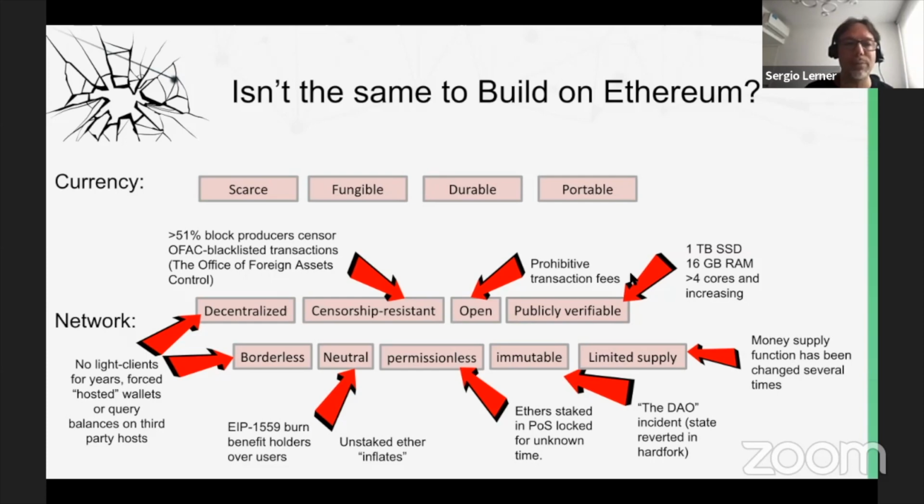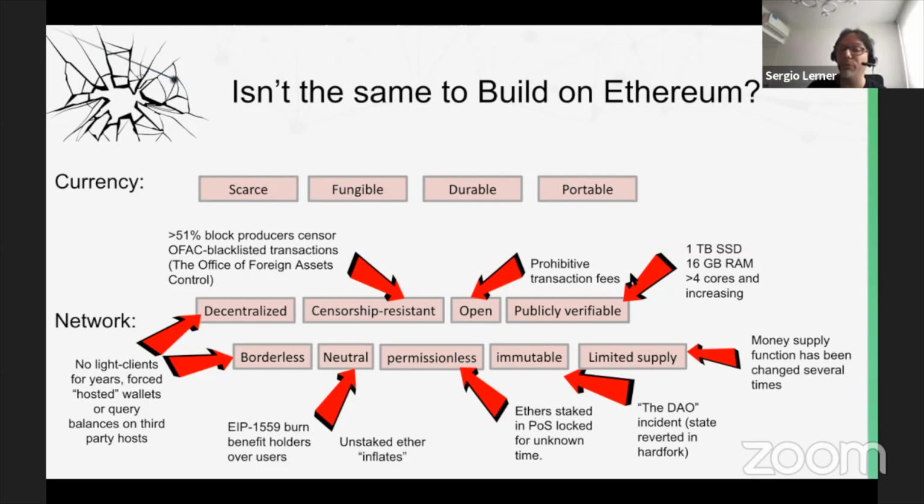If 51% of block producers are censoring transactions based on the OFAC blacklist, right? Is it really neutral if EIP 1559, which actually burns some fees, benefits holders and not the users? So each one of these properties has been attacked by its own community.